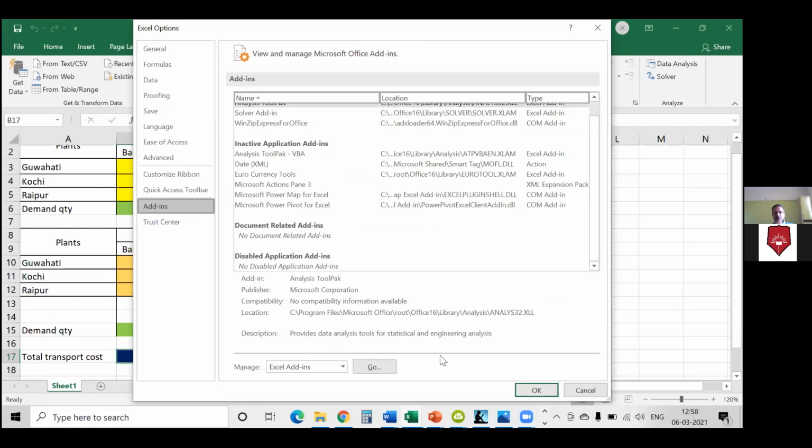And then at the bottom here, manage Excel add-ins, select solver. Yeah, you will be able to see solver here. Select solver and click on go. Then you will be able to see solver on your Excel. Okay, Tanya, I hope you are able to do it now.